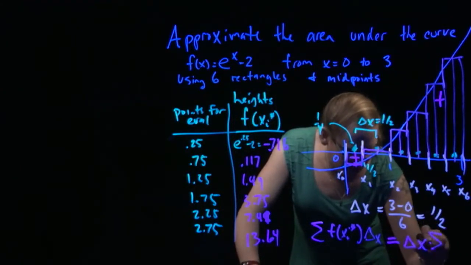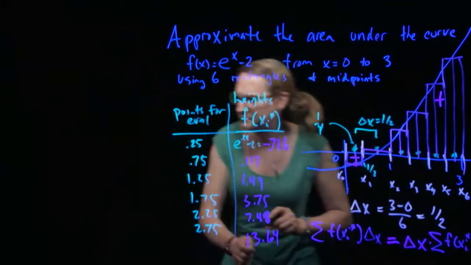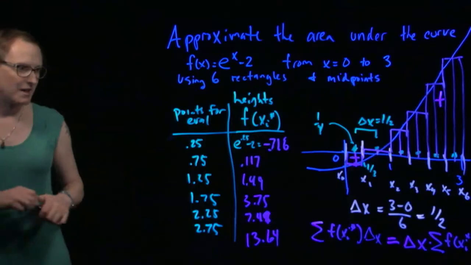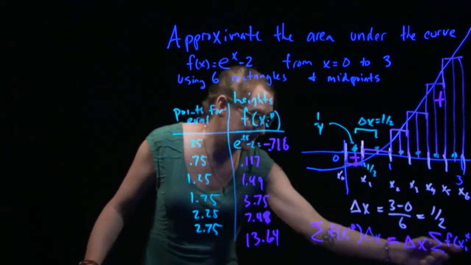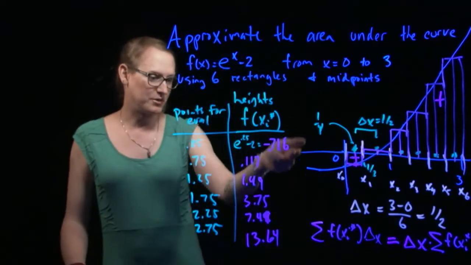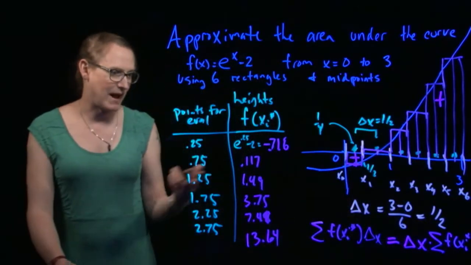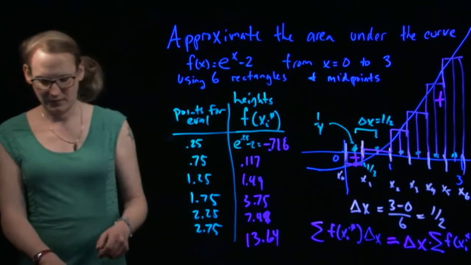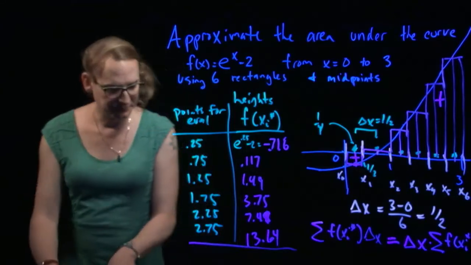Delta x times the sum of my f of x sub i's. And that's nice because I'm just going to add up these values here, and then multiply by delta x to get my value. So let's add them up.